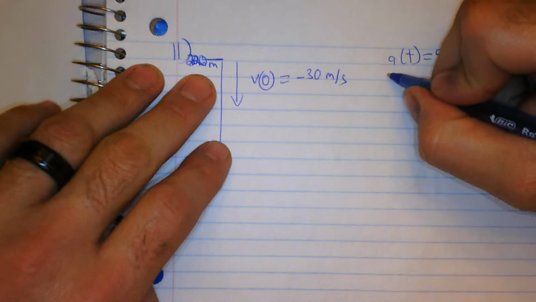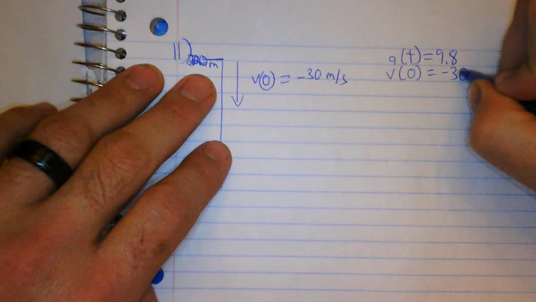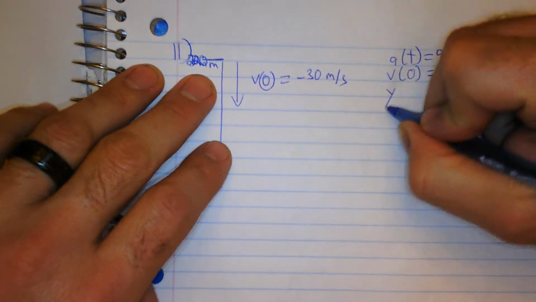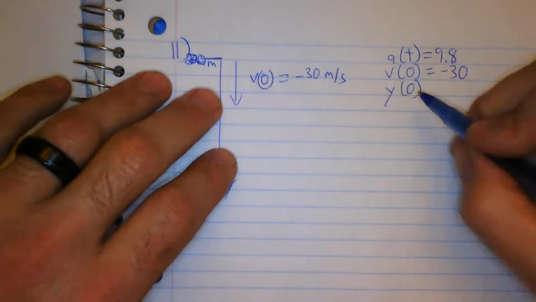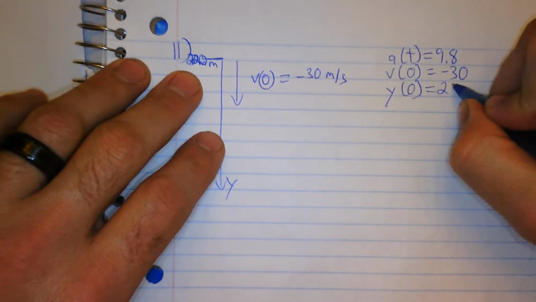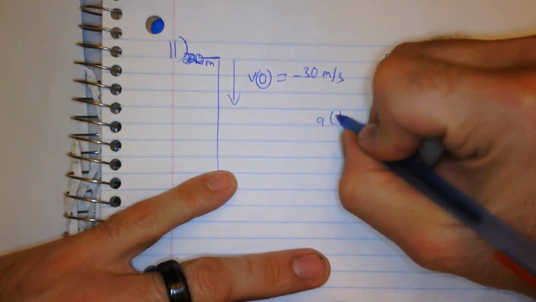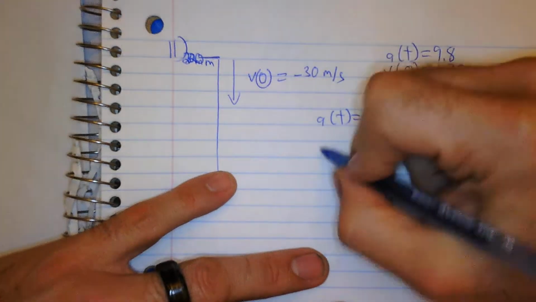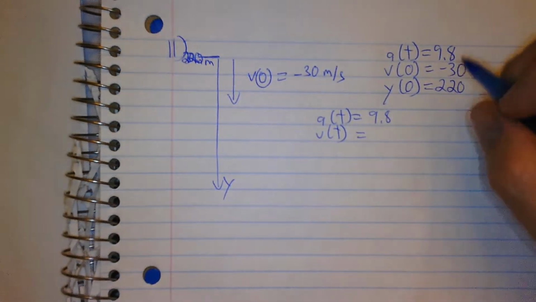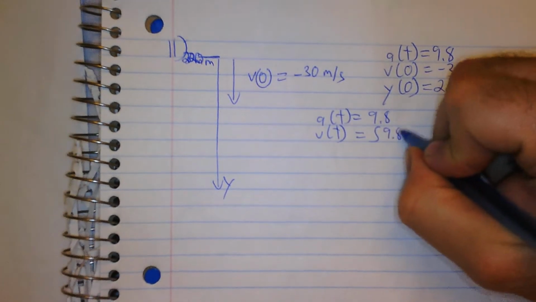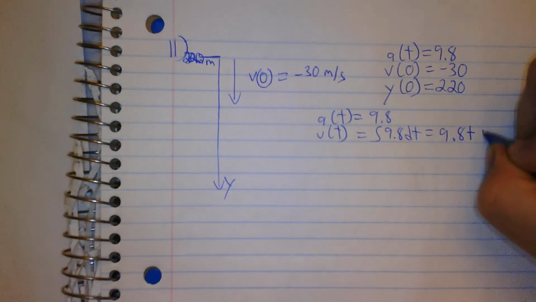We know our initial velocity is equal to negative 30, and we know that our initial position, I'm going to call it y of 0, because that's like a y-axis, right? That's what that basically is. Y of 0 equals 220 meters, our starting position. All right, a of t equals 9.8, therefore v of t, its antiderivative, is going to equal the antiderivative of 9.8 dt, which is 9.8t plus c.